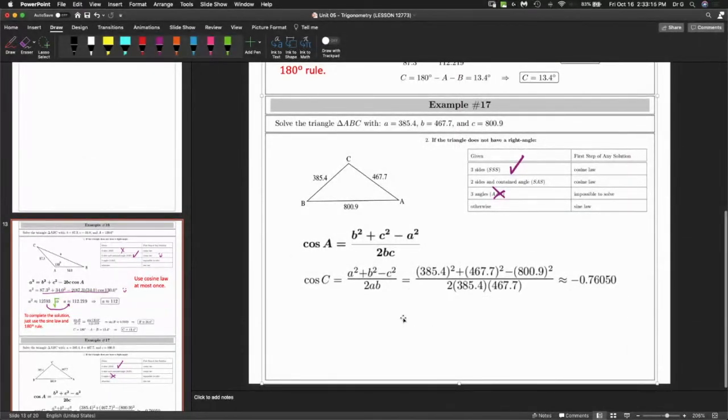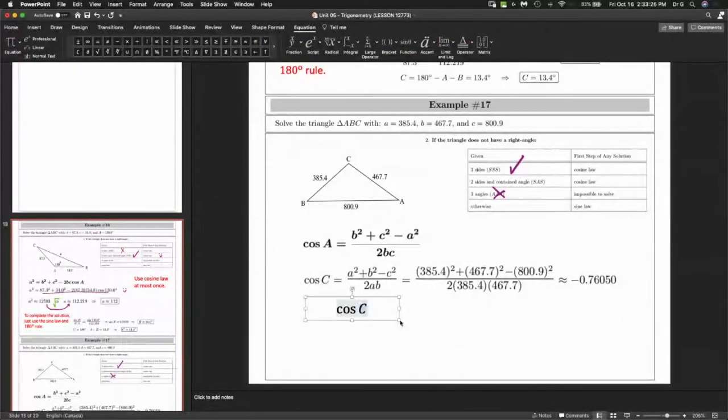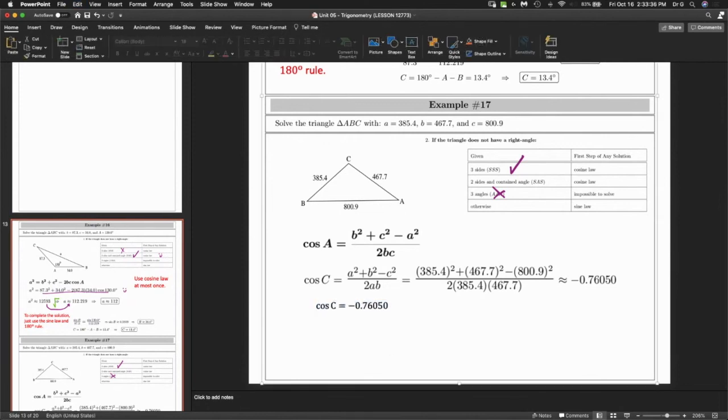So the first step is to do this. Now, when you do that, after you complete the evaluation there, you get cos C equals negative 0.76, whatever it says there. And then you can use inverse cosine to finish.